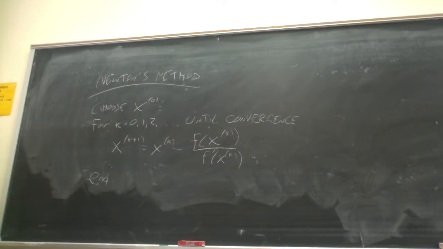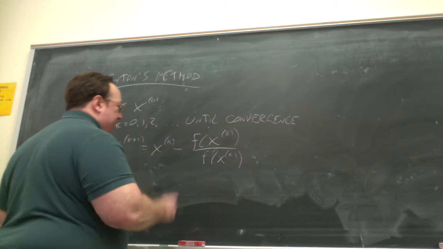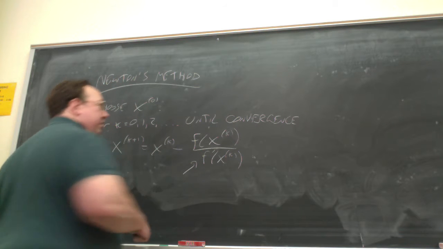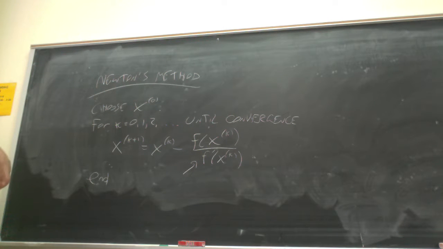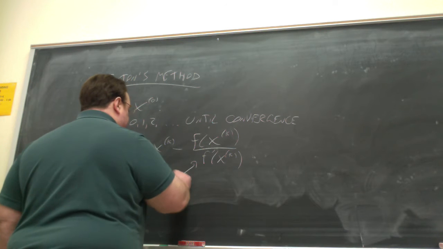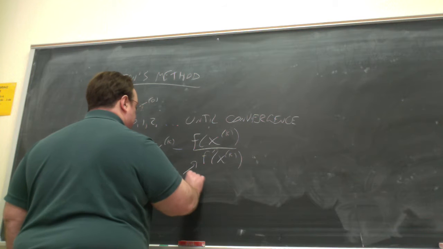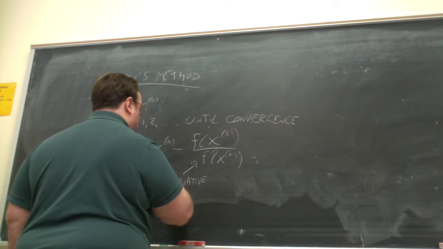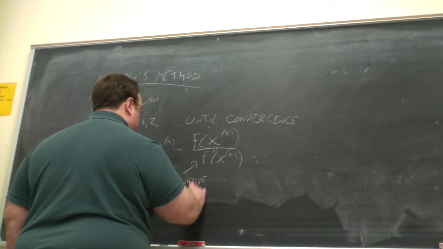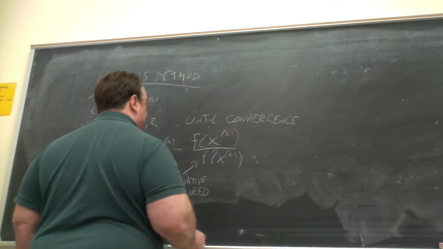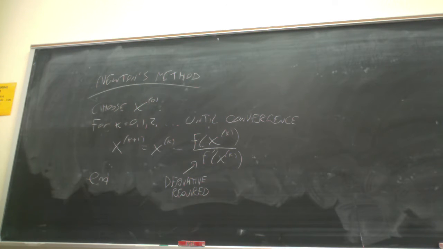Now, I should mention one drawback. There will be other drawbacks, but unlike the previous methods that I discussed, bisection and fixed point, the derivative is required. And that might not be feasible, because the derivative is another function you have to evaluate, maybe more expensive than the original function to evaluate.